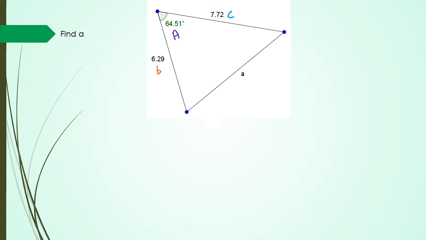Okay? So, as usual, I've got a squared is equal to b squared plus c squared minus 2bc cos a.